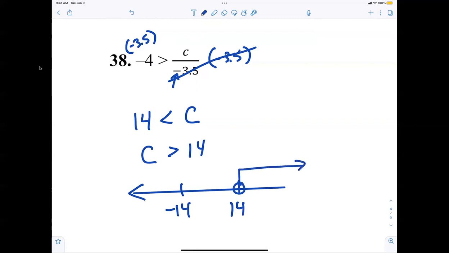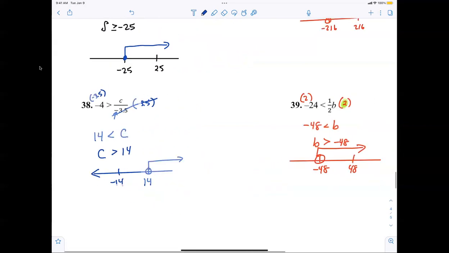What? I need help on 2 columns. 39. I don't know how to do the 1/2. Reciprocal. Oh, yeah. Reciprocal of 1/2 is 2, multiplied by 2. Wait, so on 38, you times that by negative 3.5. If you're paying attention, instead of doing all that stuff you're doing, you would know.